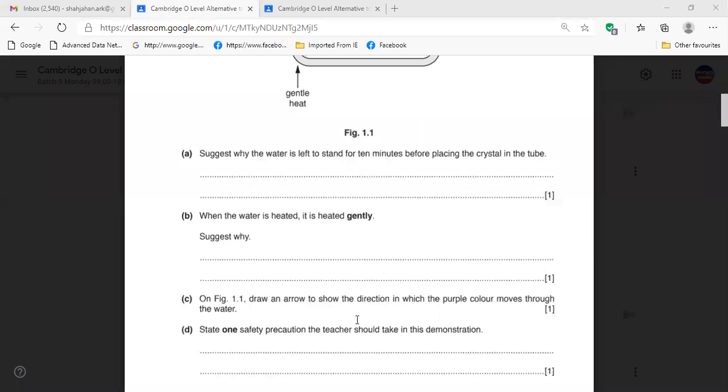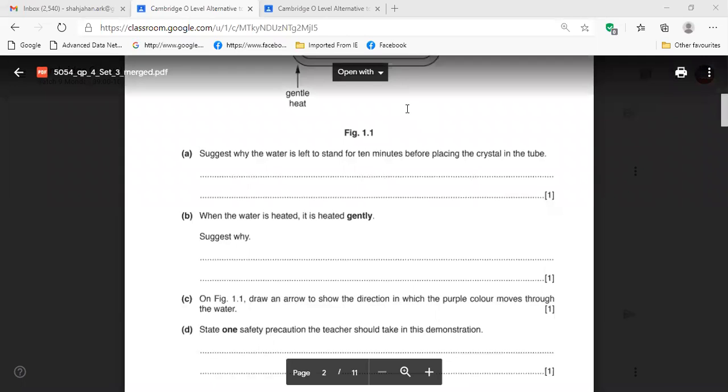And what about the others, Ifaz and Tamjid? Sir, I wrote so that the convection current can take place easily, uniformly. Okay, so that the convection process can take place uniformly. Then Tamjid, you did not write. So you understand why, now you can guess why we need to heat it gently.